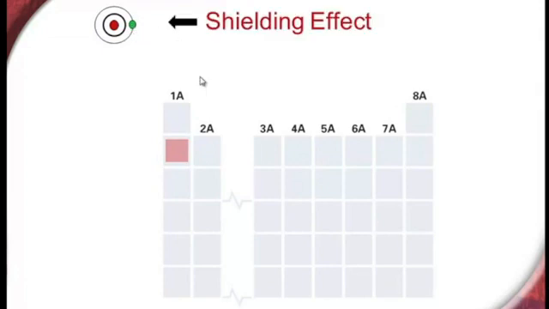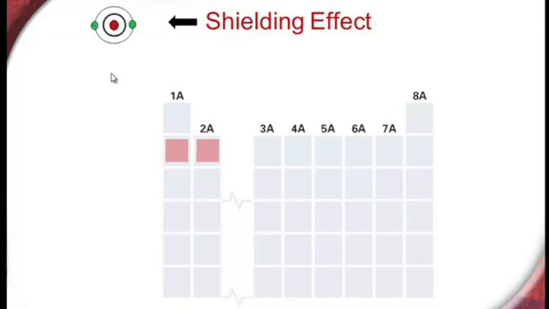When you read or talk about shielding, it's shielding in the sense that from the perspective of the valence electron, this electron is shielded from the nucleus by this inner shell. Okay, and so you can think of it as it's like the valence electron is being protected from the powerful electrostatic attraction of the nucleus.